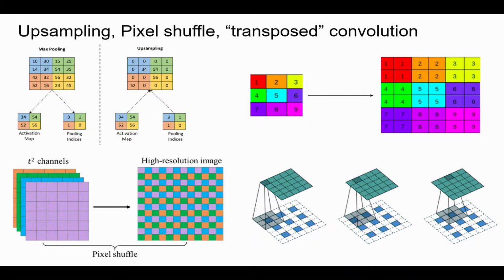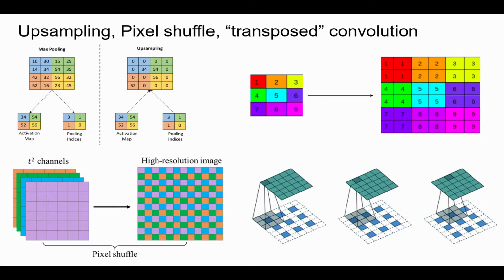They are forgotten, I don't have them. But what I can do is remember where this number 34 came from. I can remember that it came from this position, and I can put it there and just keep all the other values 0. This is called maybe upsampling, but definitely it's one of the types of how to do that. Just remembering where the values came from.